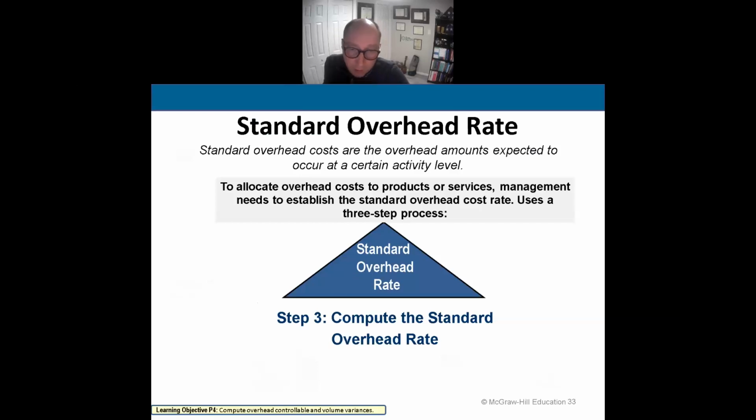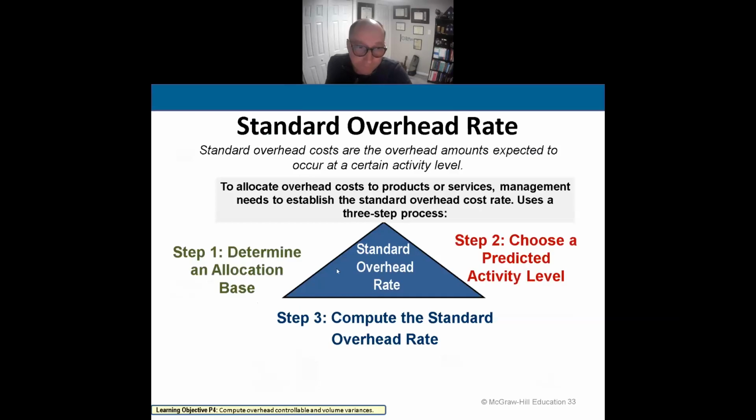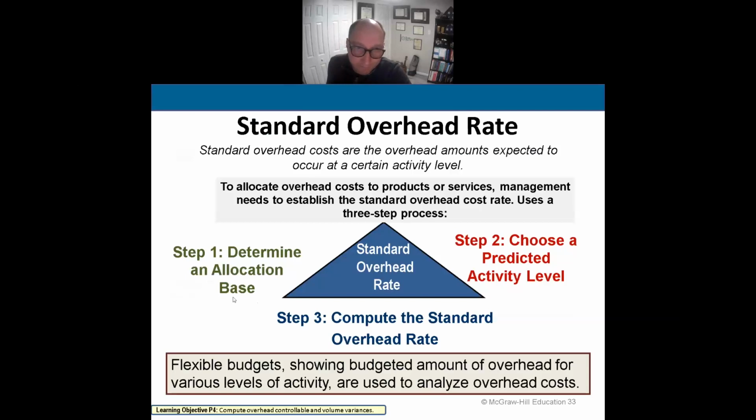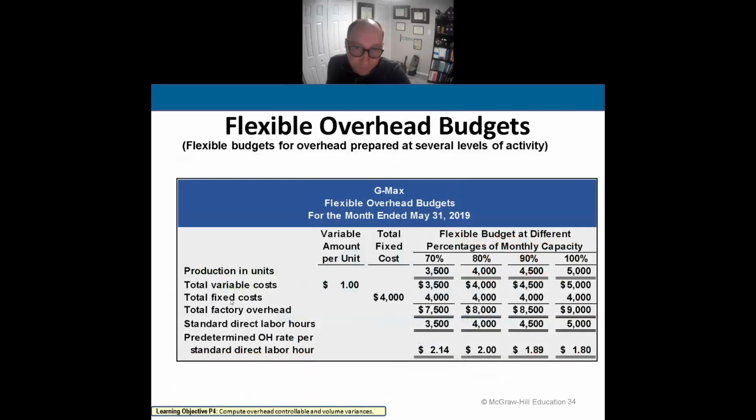And then we find the standard overhead rate to apply. So first, we figure out the allocation base, choose a predetermined activity level, and we compute the standard overhead rate. Flexible budgeting, we do this based on the number of units we expect to produce. Total variable cost, total fixed cost, giving us our total factory overhead.